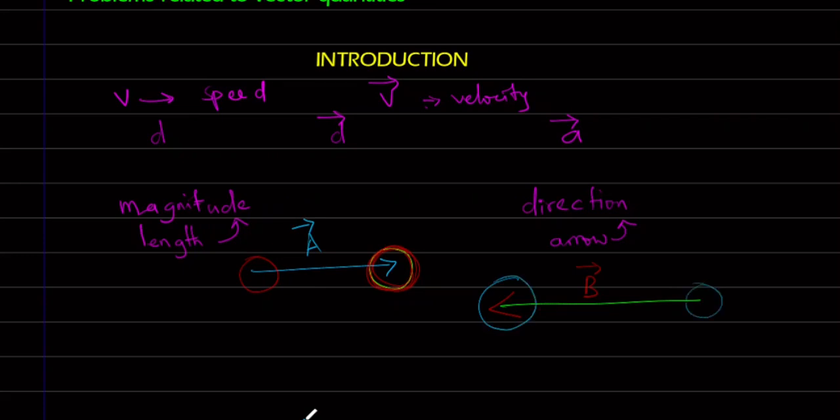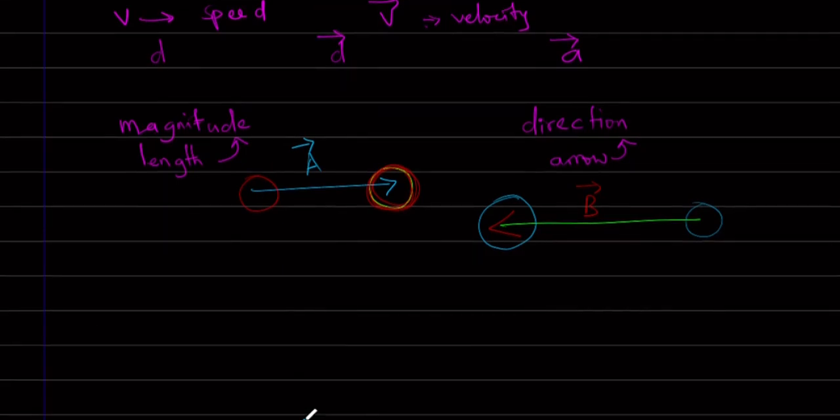Since we have understood how to draw a vector and the symbols for vectors, let's take a look at the conditions that will make two or more vectors equal. Let's take, for example, we have this vector A and we have another vector B. Vector A and vector B are not equal. Even though they are moving in the same direction, they are not equal in magnitude.